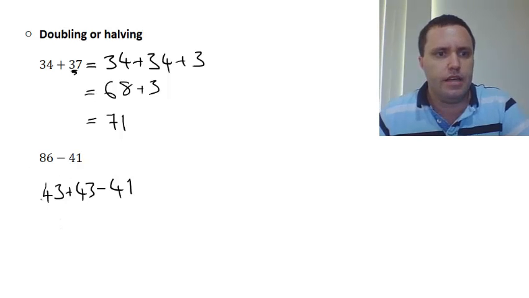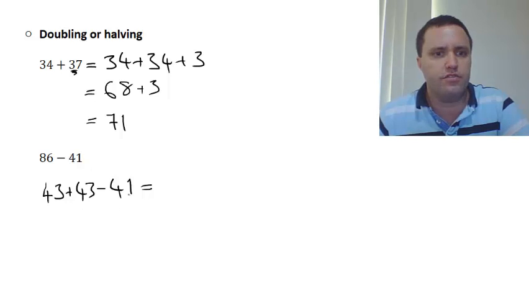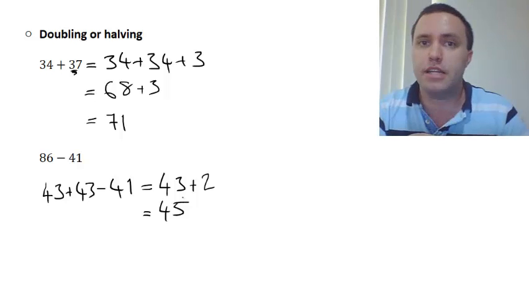So 43 minus 41 is 2, and I end up with 43 plus 2 is 45. And we're done. That's how we did the doubling and halving strategy.